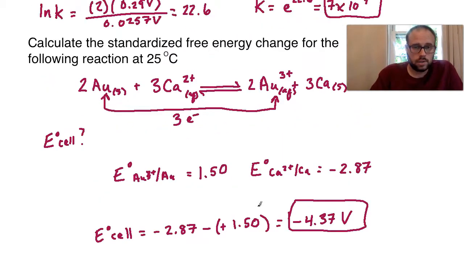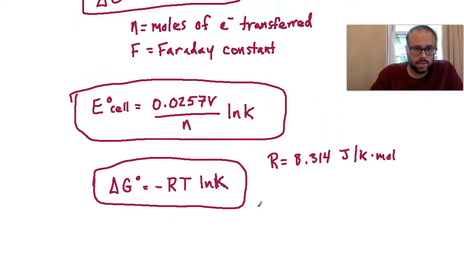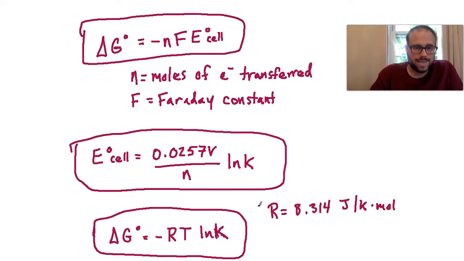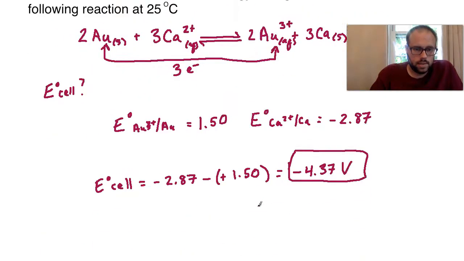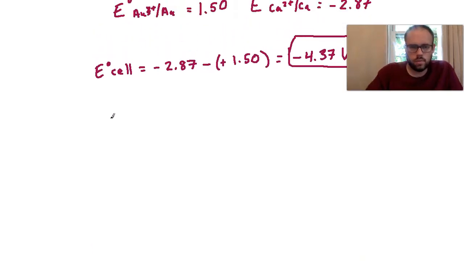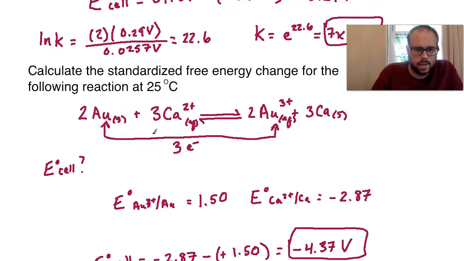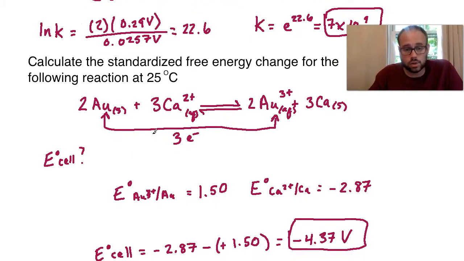All right, so let's go back and remind ourselves, how do we set these equal? Delta G equals negative NF E cell. All right, so delta G, which is what we want to solve for here, standardized delta G, is going to equal negative N. Now, let's think about this for a second. What is N? It is the stoichiometric moles of electrons.